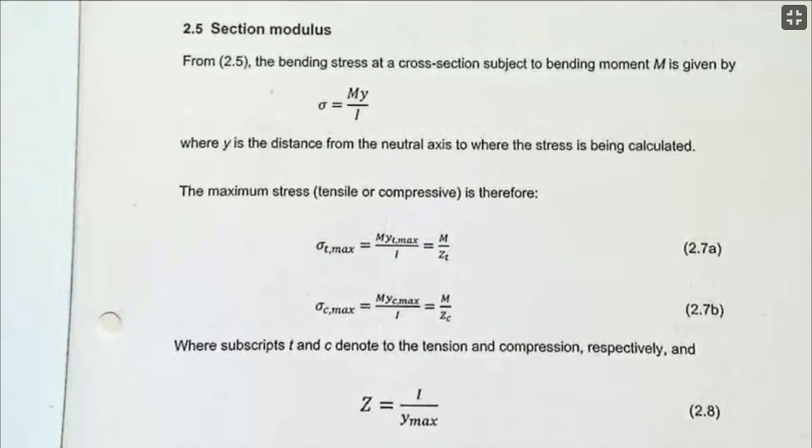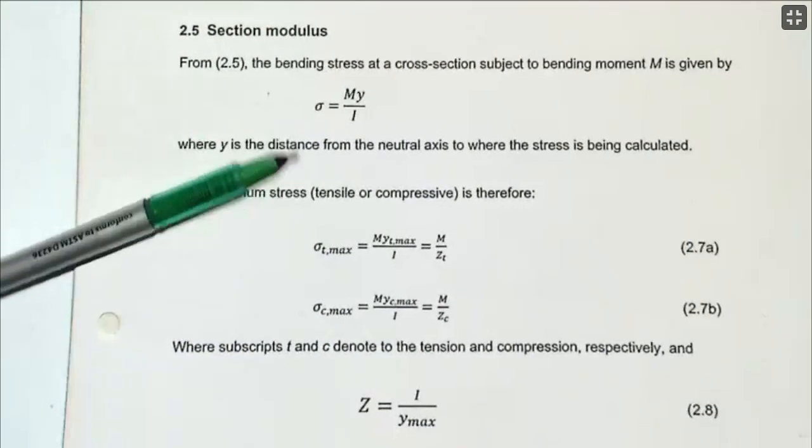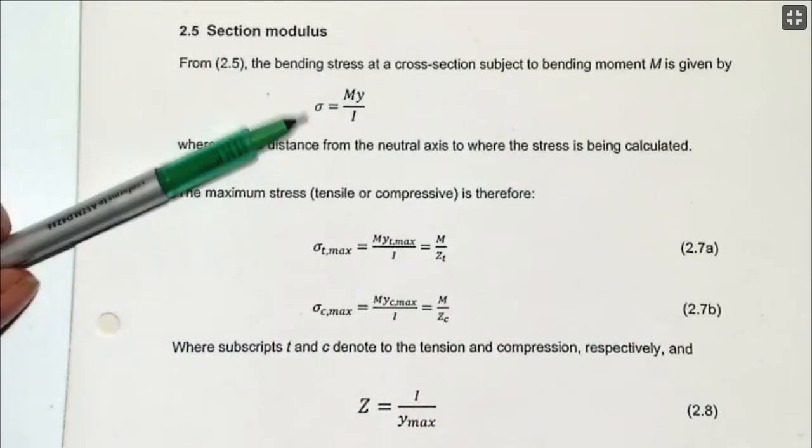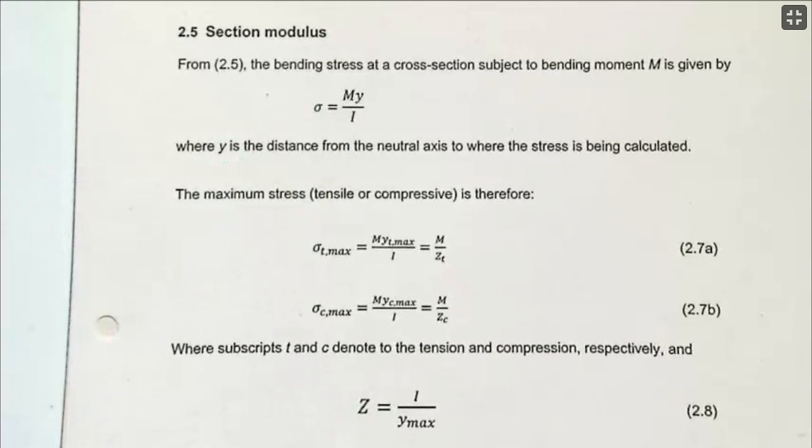So we know that in order to find the bending stress, I need to know what the bending moment is and how far we are from the neutral axis, which is y, and what is the second moment of area, I, for that particular cross section. But if we have a choice between 2 or 3 of the different cross sections, we know we're going to apply the same bending moment to them. We want to decide which one will give us the minimum stress, because we don't want the stress to be too high. That's where the section modulus comes in.